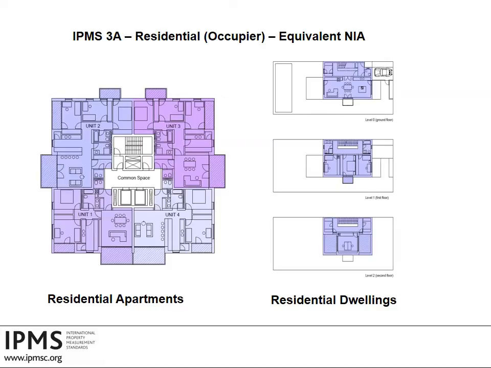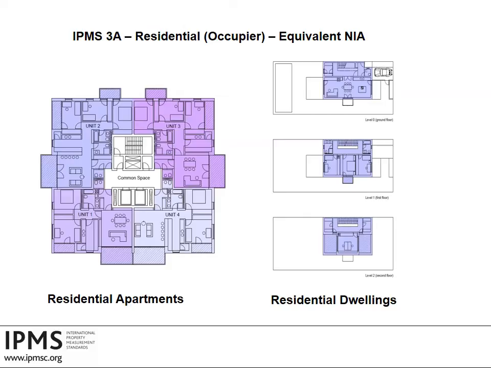It can be defined as the floor area available on an exclusive basis to an occupier. However, you will note that within IPMS 3 there are three variations, A, B and C, and therefore it's necessary for users to specify which variation they are measuring, and in some cases they'll be measuring more than one.